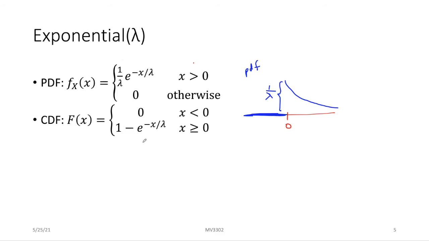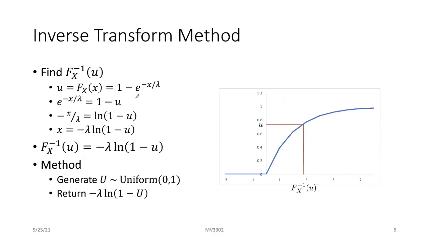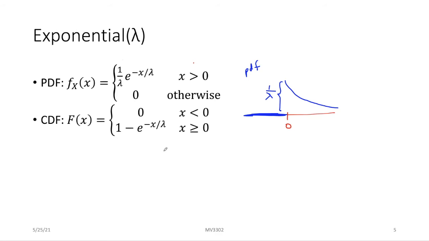Okay, and then going from the PDF to the CDF is where we need calculus. I'm not going to make you responsible for something like that, but it would look something like this. This is how you would do it.